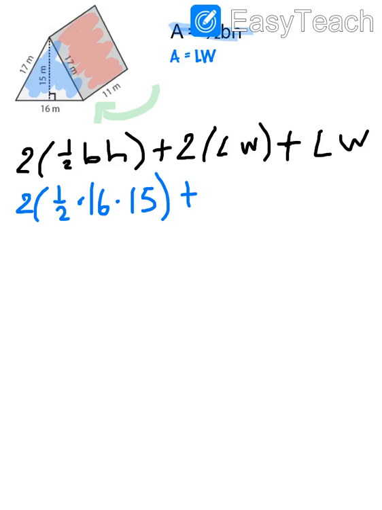And then you're adding that to, and let me change this here to red, two rectangles that are 17 by 11, and you're adding that to the green, which is 16 by 11.